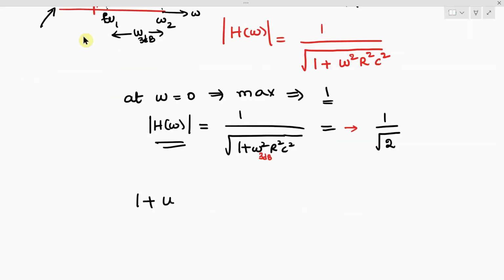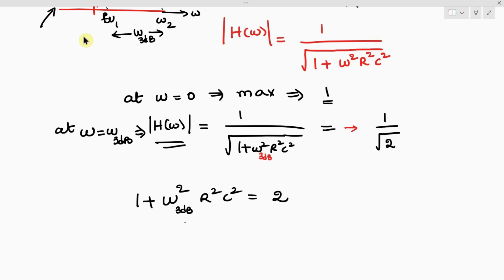Will you accept it or not? Please tell me. Yes, sir. Is it okay? Yes, sir. Right. So at omega equal to omega 3 dB, the magnitude should be equal to 1 by root 2.